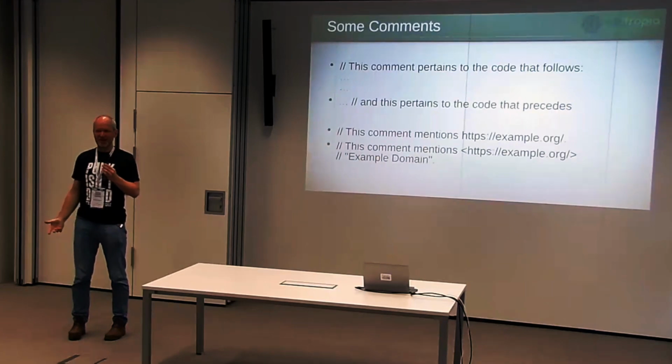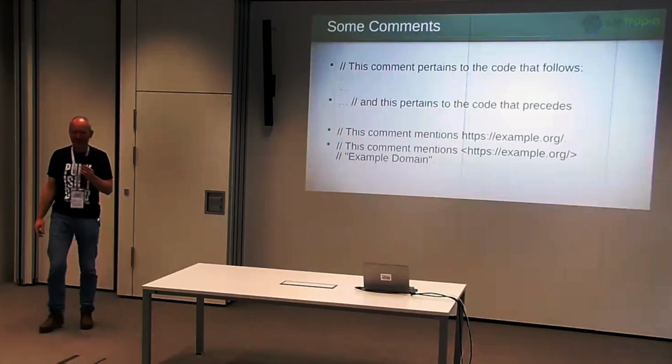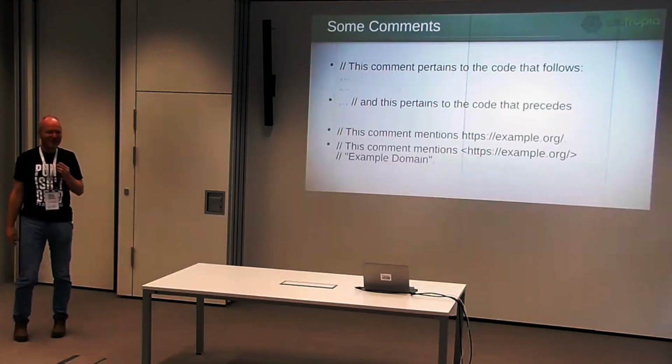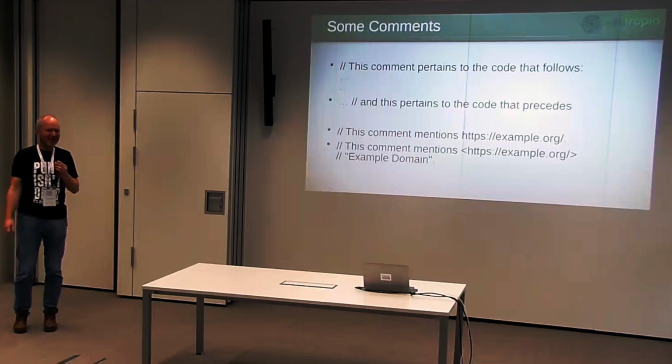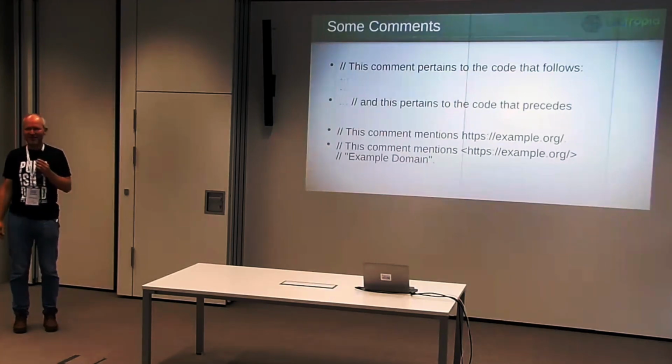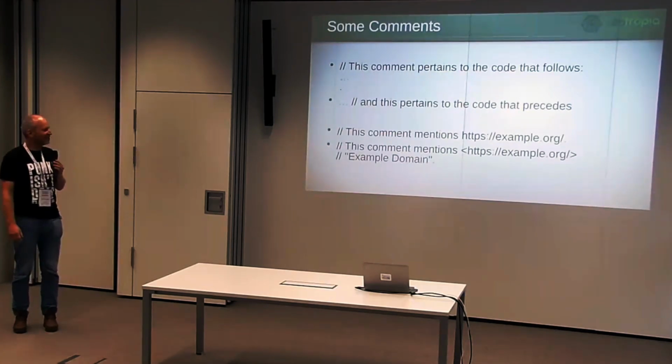Sometimes you can guess from the context. Sometimes you're left clueless, then you do a git log to find out where the comment was added, when the comment was added to pertain to which of the two cases.